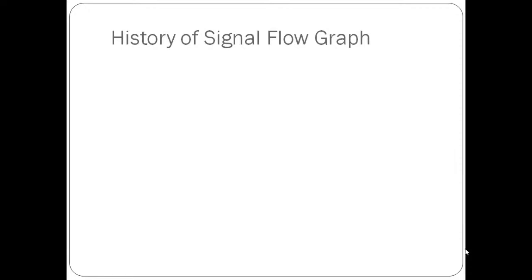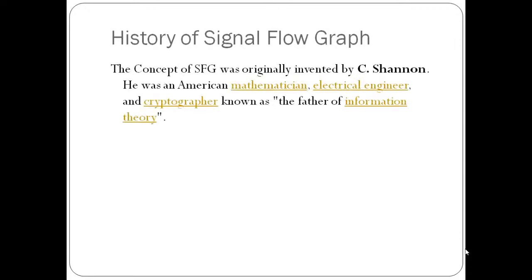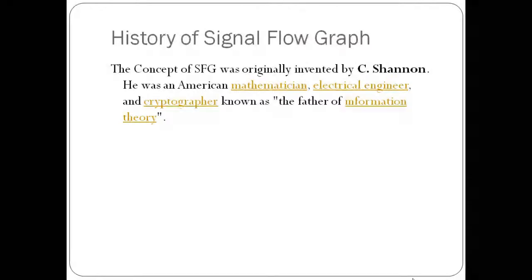Now, first of all, we are going to discuss the history of signal flow graph. The concept of signal flow graph was originally invented by Professor C. Shannon. He was an American mathematician, electrical engineer, and cryptographer. He is also known as the father of information theory.